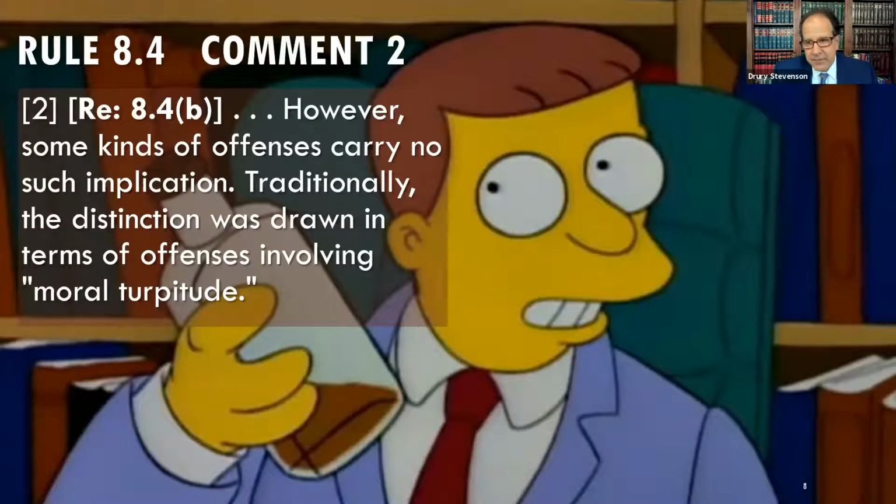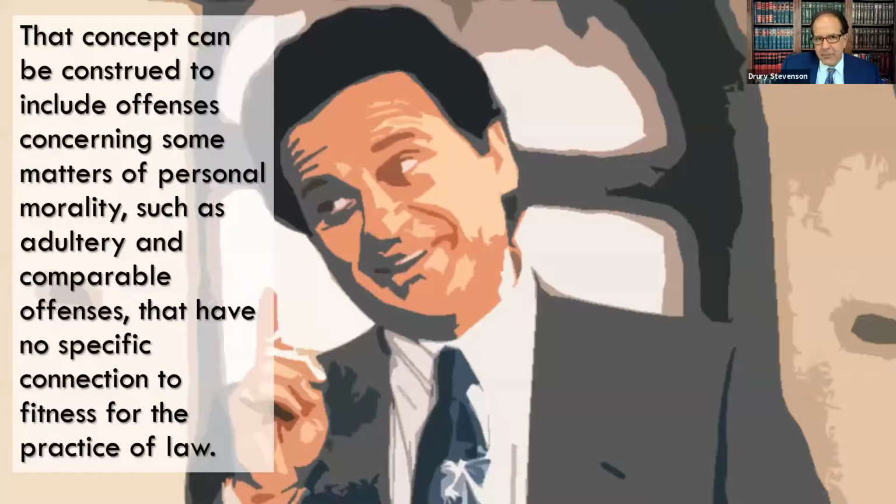And the courts and state bars would say only crimes that involve moral turpitude. Well, this phrase became problematic because the concept can be construed to include offenses concerning some matters of personal morality, such as adultery and comparable offenses, cohabiting before you're married and things like that, that have no specific connection to fitness for the practice of law.